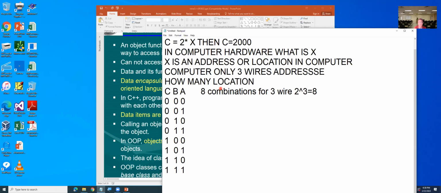That's just a very simple thing. However, the computer cannot get only 3 wires. How many wires for address in the path? At the beginning, you get 8 wires, then 16 wires, okay? In the path, 16 wires. So how many locations?